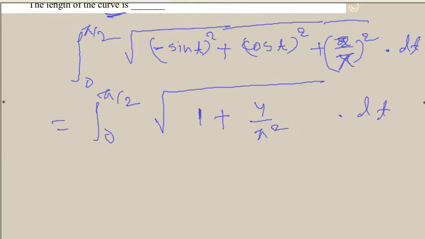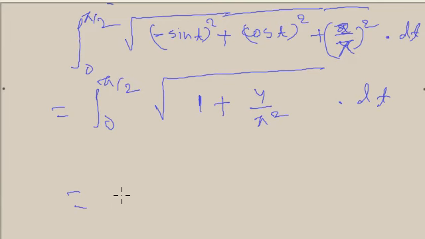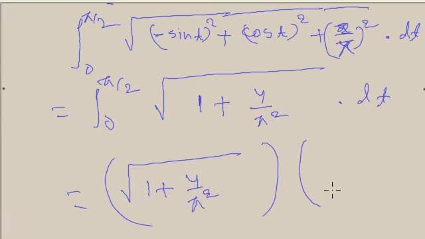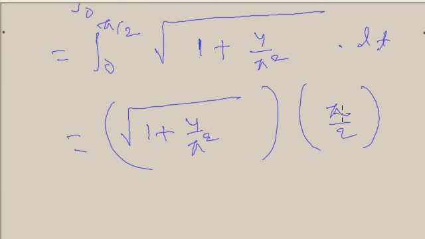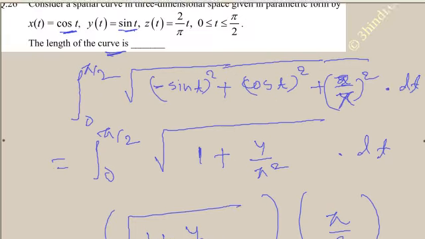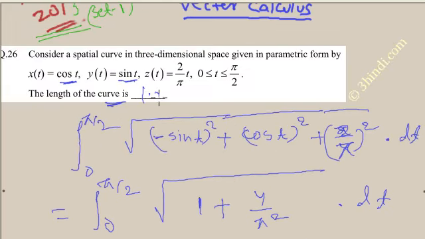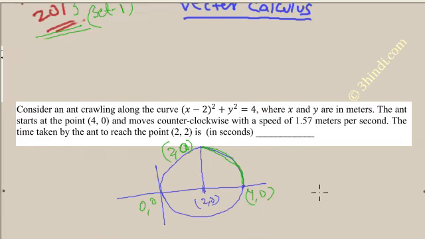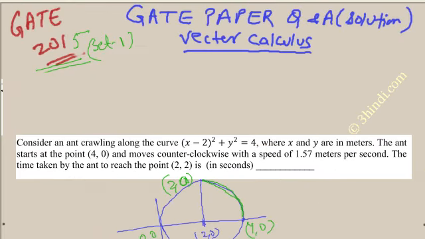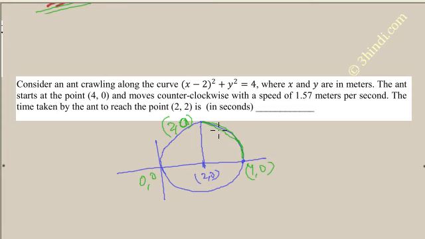That means root over 1 plus 4 by pi square into pi by 2. If you put the pi value as 3.14, the value of this is 1.86. So you can fill the answer here as 1.86. This is the problem from 2015.